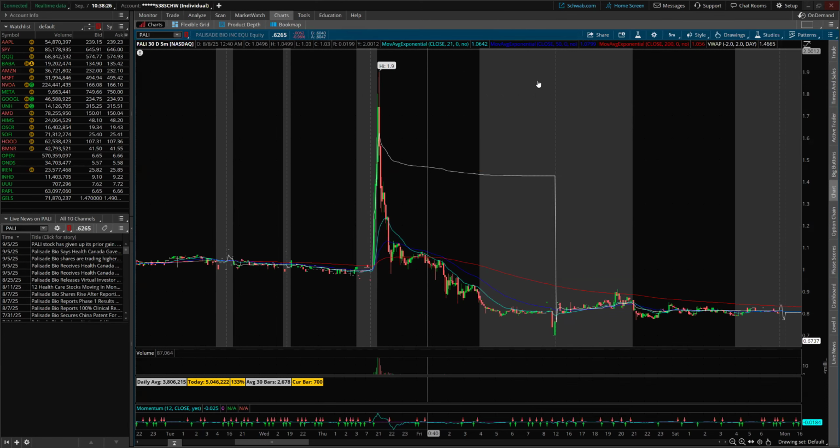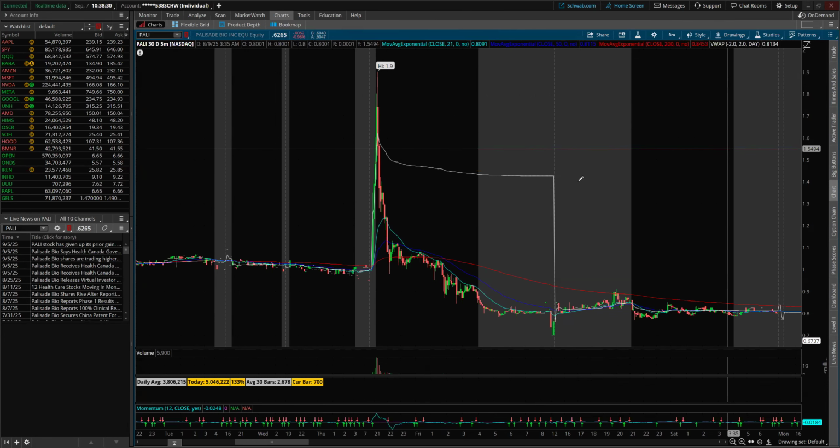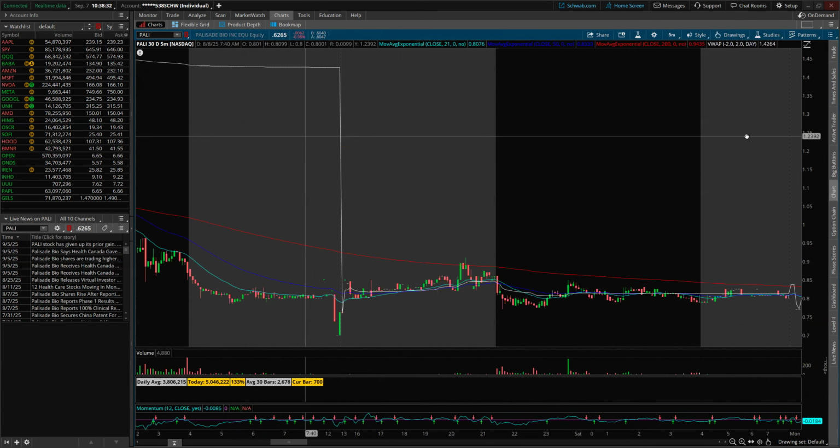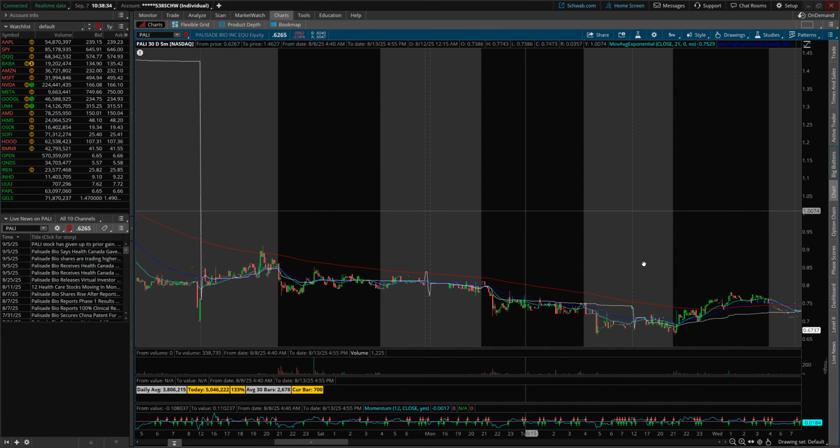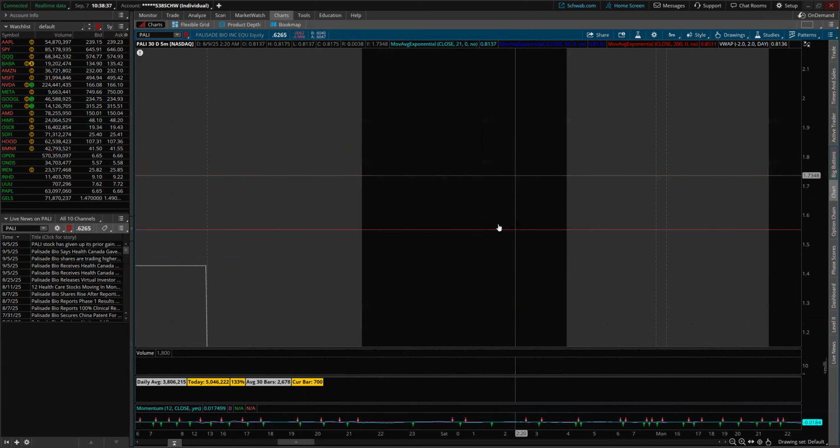Let's take this for example again. I like to use this example because it really helps you guys understand what I'm trying to explain. So let's say a stock over here, this is support, right?